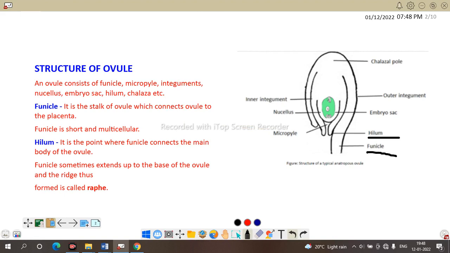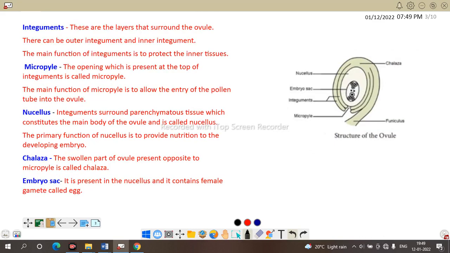Sometimes the funicle extends up to the base of the ovule, thus forming a structure called raphe. Next is integuments. These are the layers that surround the ovule.